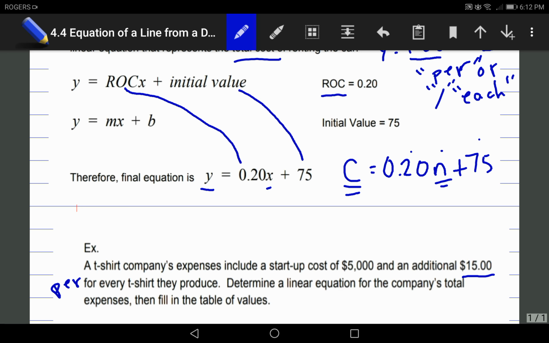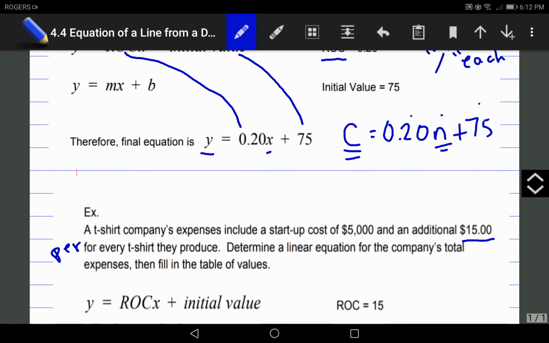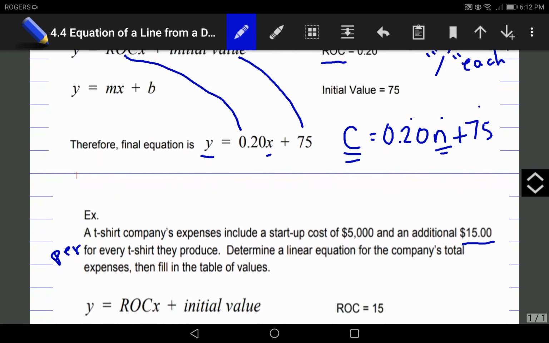Okay, so we can come up with our equation here. Okay, so y equals rate of change times x plus the initial value. Okay, so now we have to identify which number here is the rate of change. Okay, it is the 15. Because it doesn't say the word per, but $15 for every t-shirt means $15 per t-shirt.